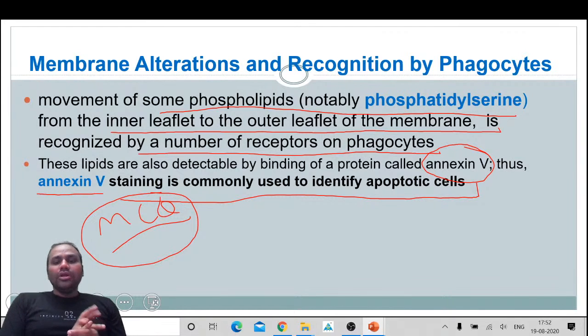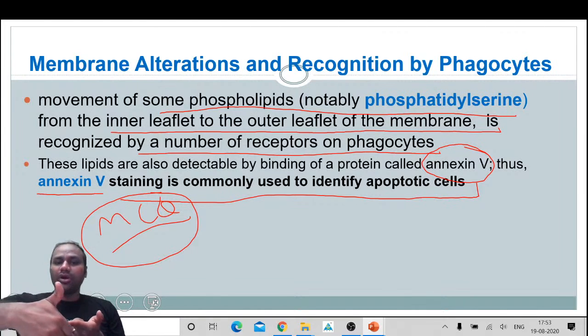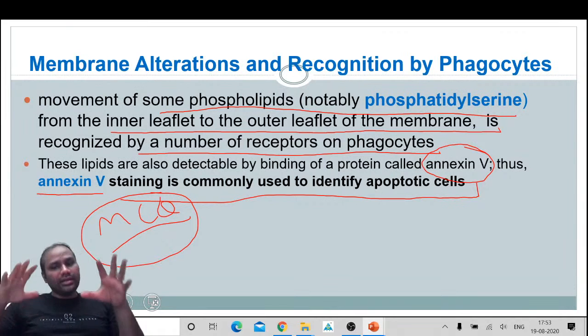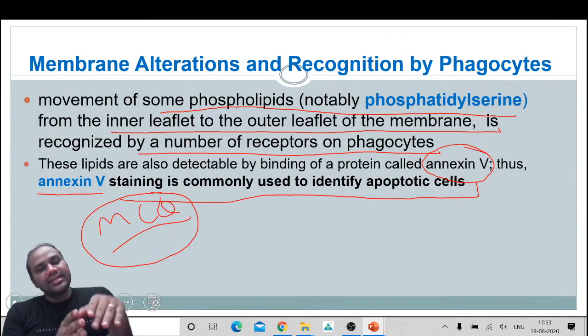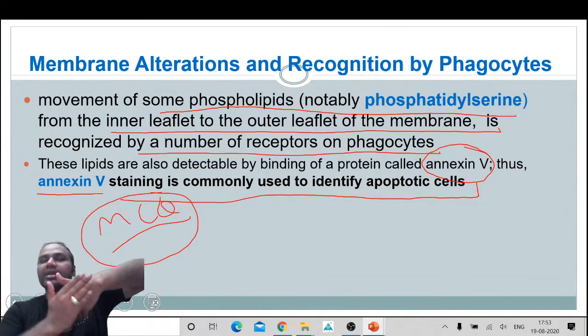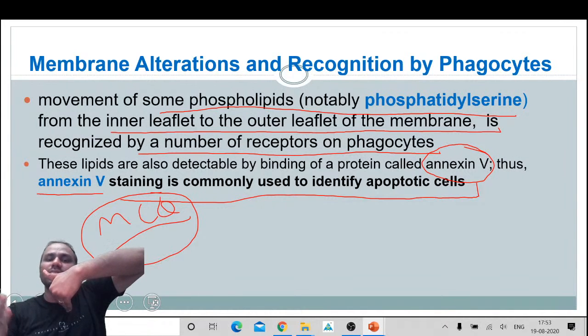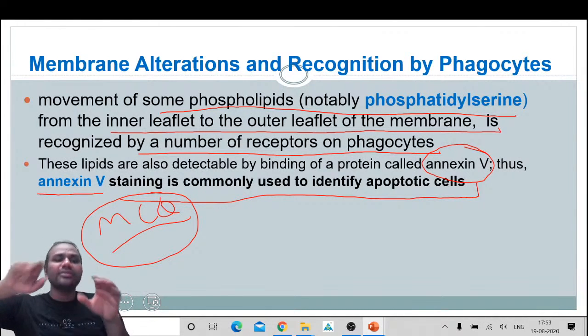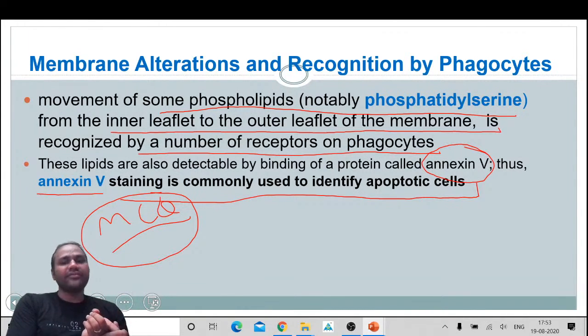But is annexin 5 specific for apoptosis? No, annexin 5 is not specific for apoptosis. Why? Phosphatidylserine is in the inner membrane, and it will come out to the outer membrane and be detected by annexin 5, and we will know that apoptosis is occurring.